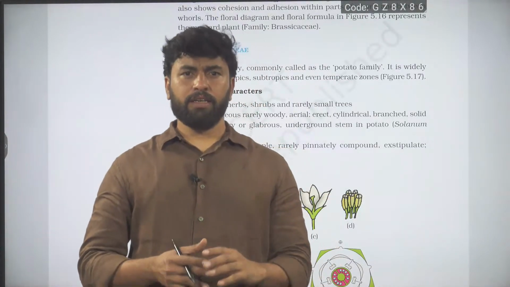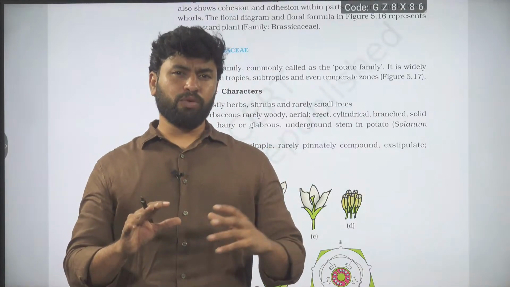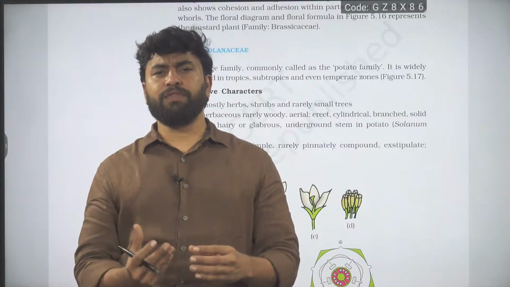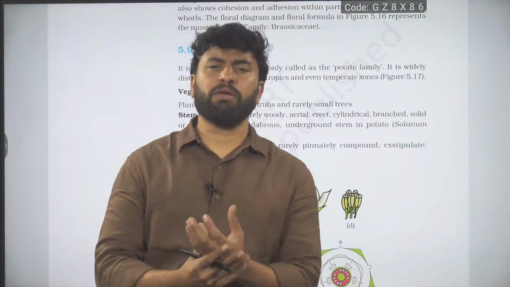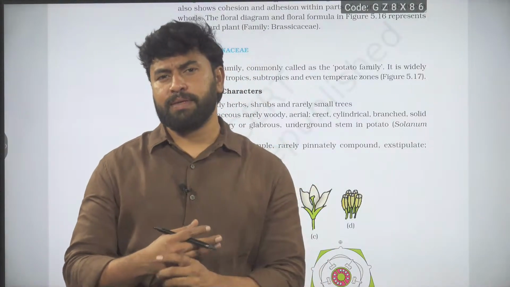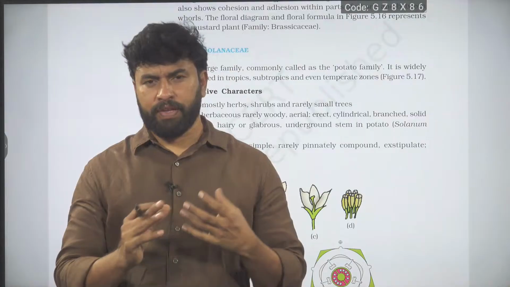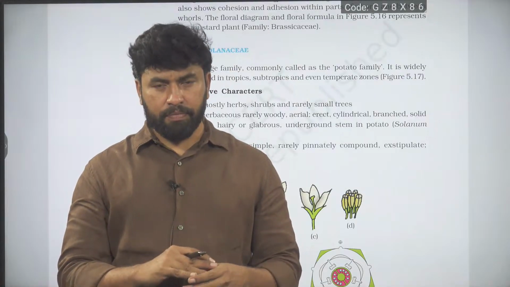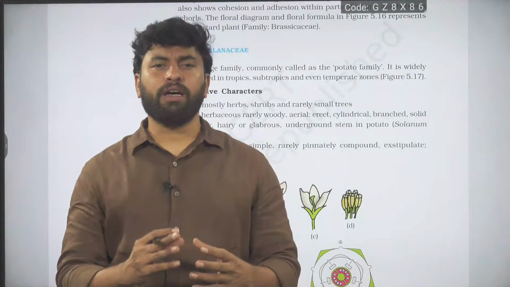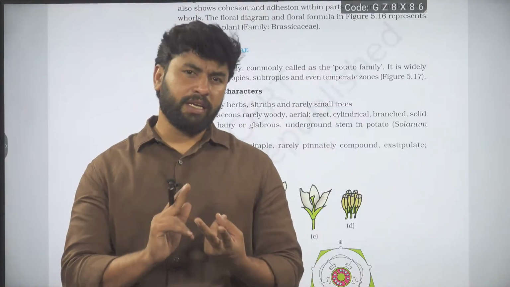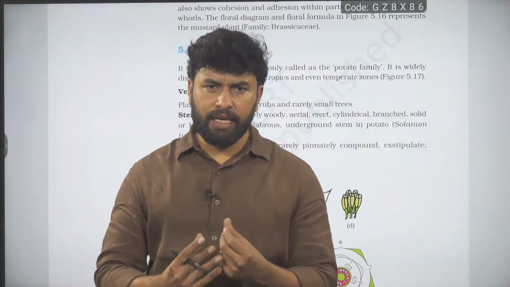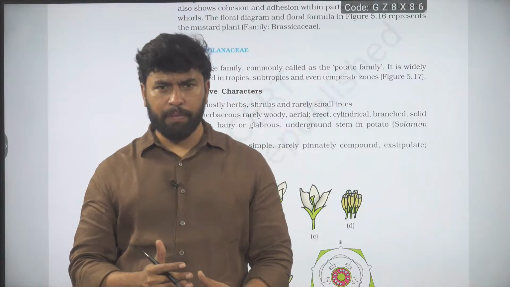In fact, among all the dicot and monocot families, the largest family is Poaceae. The most plants are present in Poaceae. Next one, Liliaceae. The members of Liliaceae are very commonly identified. That's why we will study Poaceae and Liliaceae as examples of monocot families.